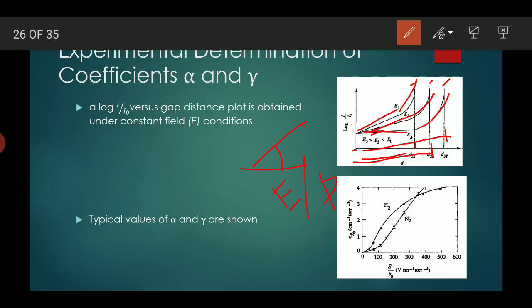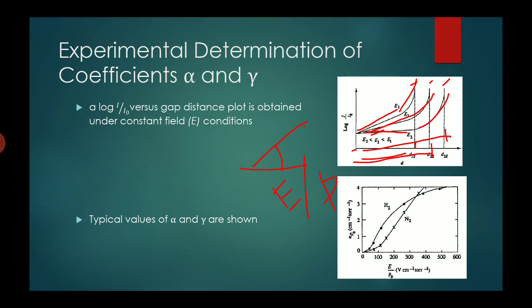It may be noted that if I naught, the initial current, is more, the average anode current I will also be more, and the log of I slash I0 versus d plot remains the same because we are taking a ratio of I slash I0.